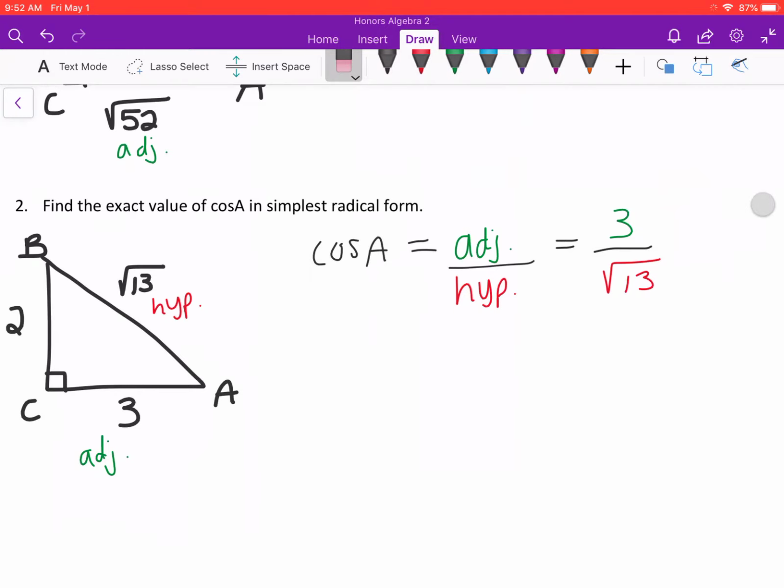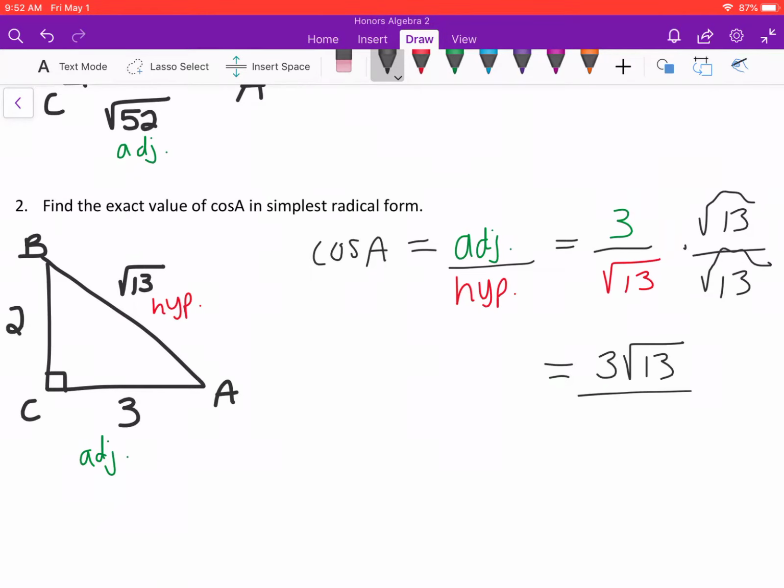So 3 times square root 13 is 3 square root 13 on the top. And my denominator, root 13 times root 13. Remember, anytime you multiply a square root of a number by the square root of that same number, it just equals whatever you have inside. So that just equals 13. And we don't have a square root in my denominator anymore, so that is going to be the answer.